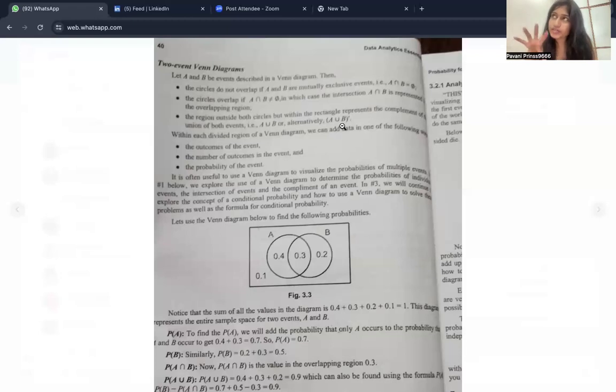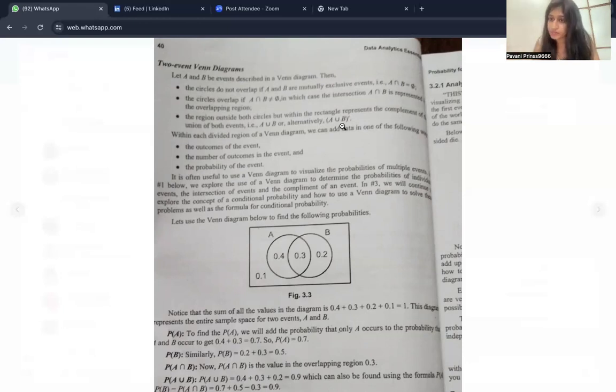Now, how do you get this region? There is a formula for it. To find A union B complement, you have to subtract from 1.